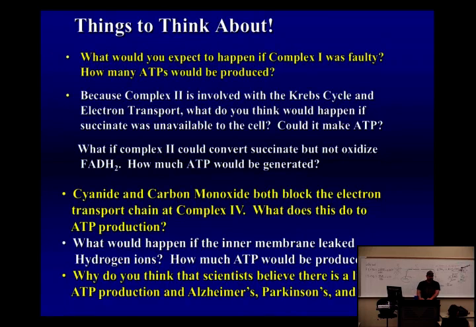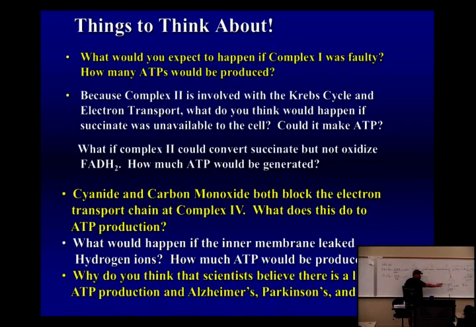If complex 2, remember complex 2 is the only one that's involved in the Krebs cycle and electron transport. So the Krebs cycle's fine, but the electron transport part doesn't work. This one works now. So how many ATP can we make?